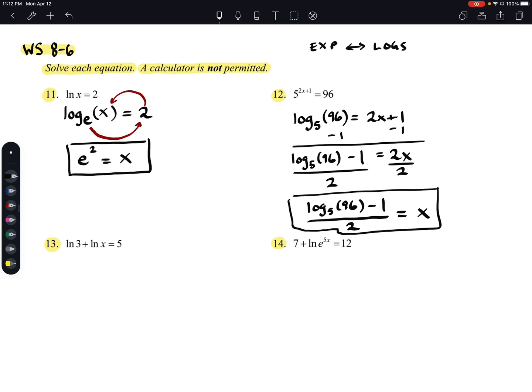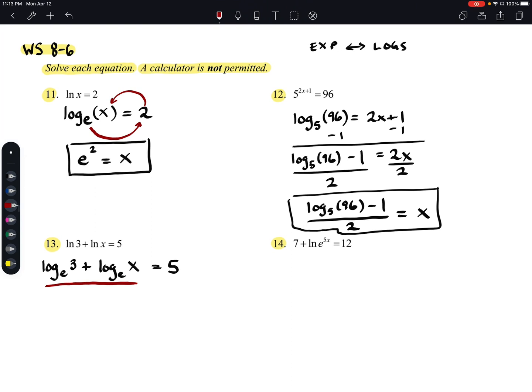Let's look at 13. We have the natural log of 3 plus the natural log of x is equal to 5. And again, some of you may not be comfortable with that yet, but this is like saying log base e of 3 plus log base e of x is equal to 5. And we know that when we're solving log equations, we can't have two logs on the same side.